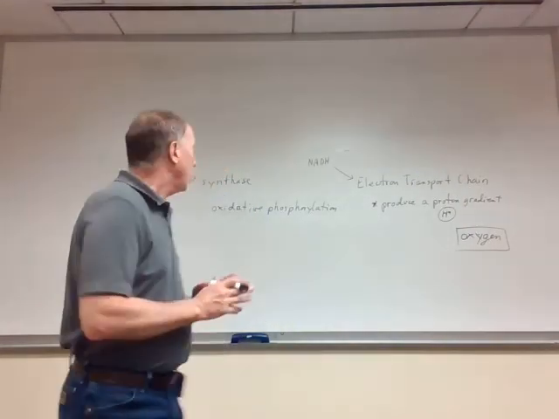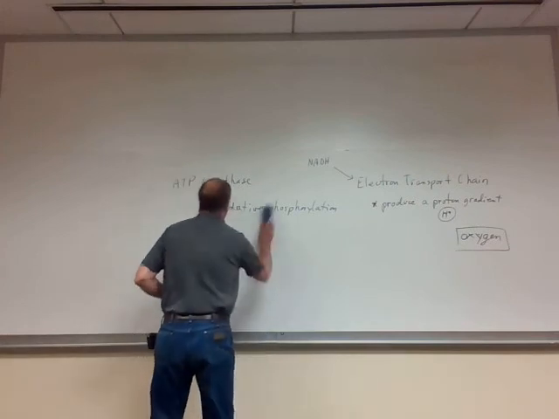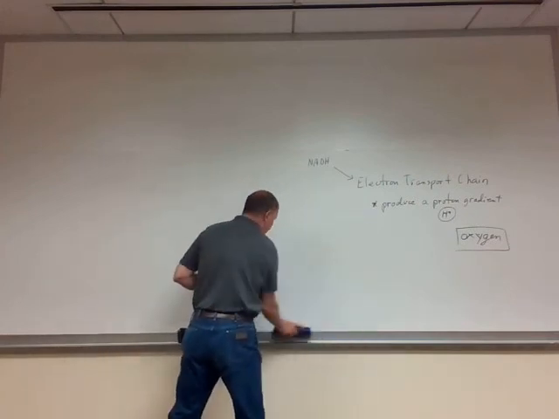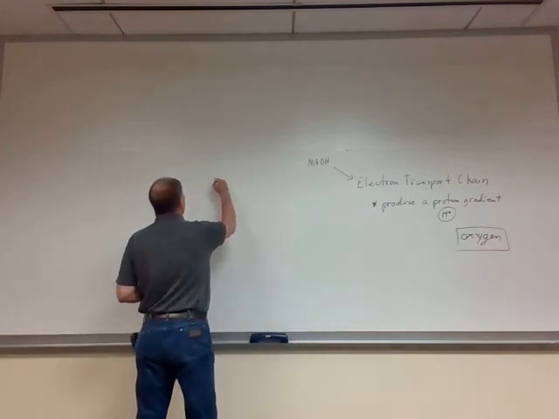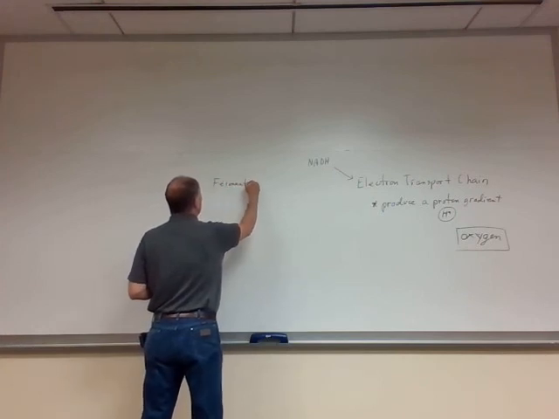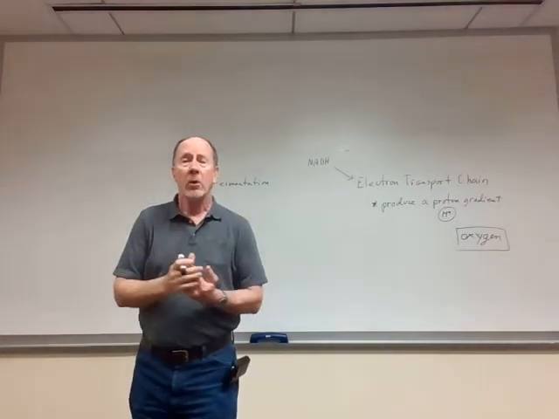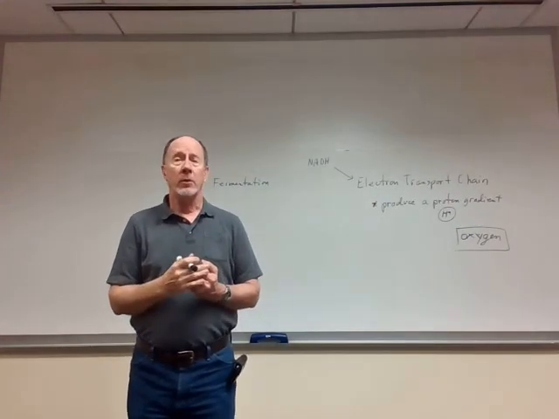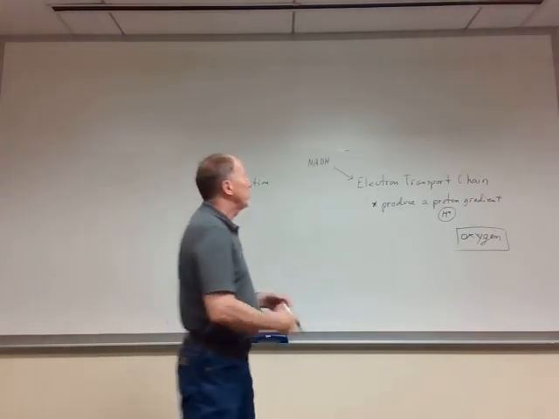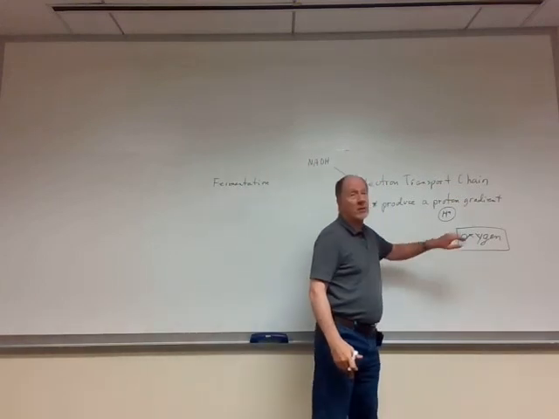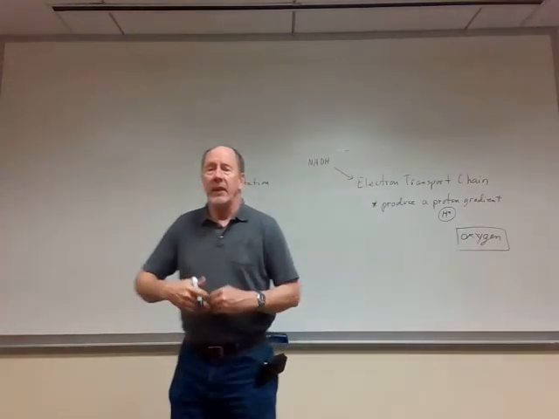So one final thing I do want to mention here, because it will undoubtedly come up at some point, is fermentation. Aerobic respiration occurs when oxygen is available to be the electron acceptor at the electron transport chain.